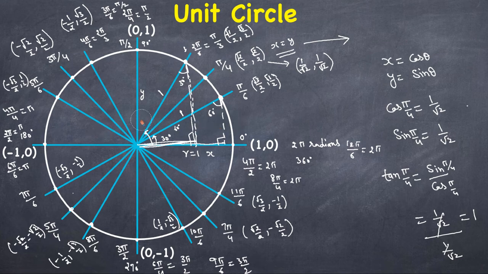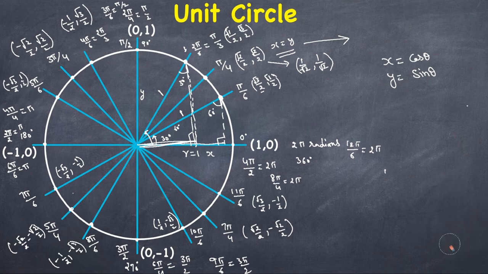And same thing, you can find all those angles, like 2 pi over 3 if they ask you. Let's write that down too. How about sine of 2 pi over 3? Sine is the y value.